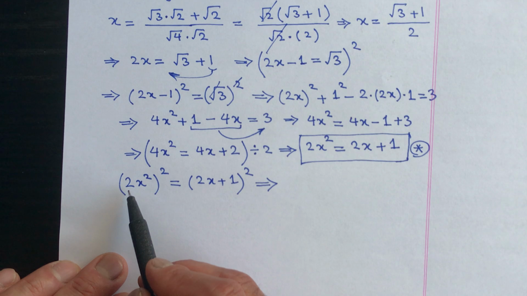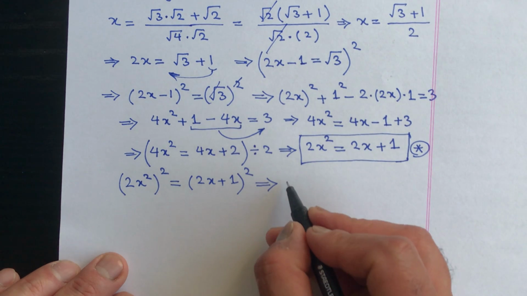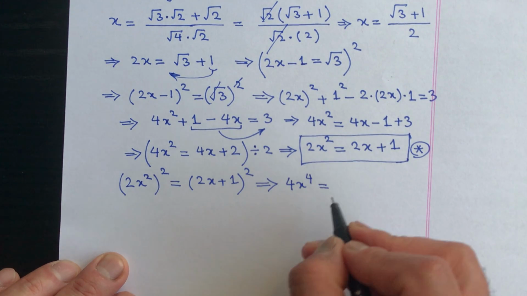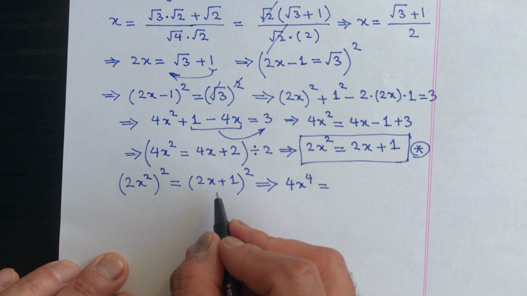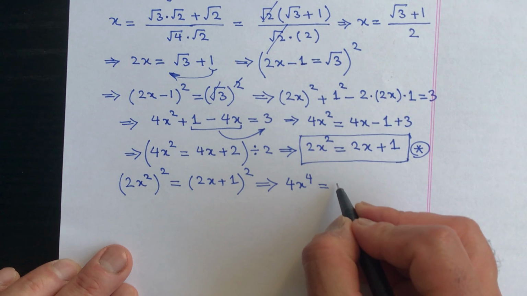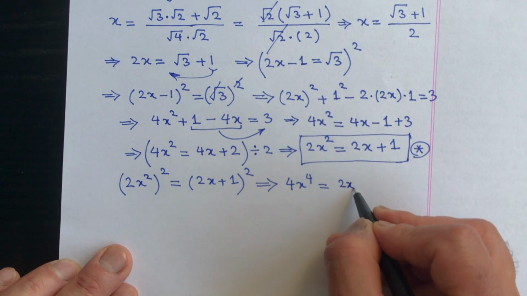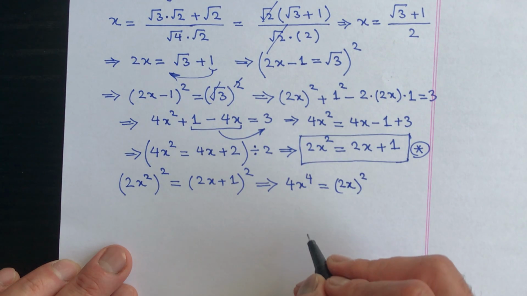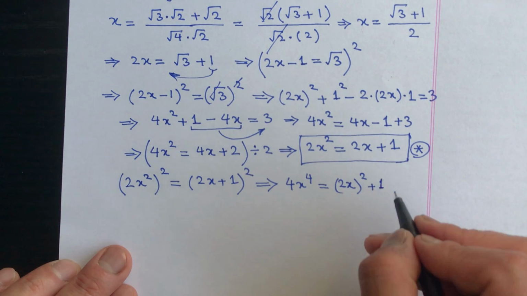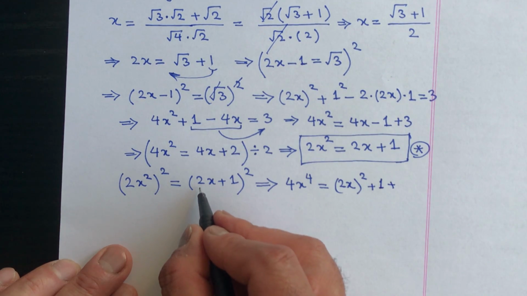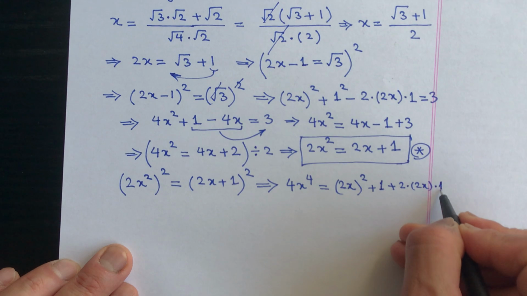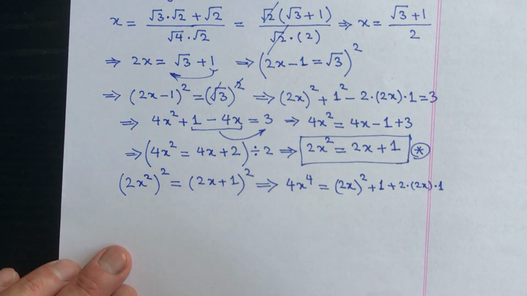For the left side, it equals 4x to the power of 4; on the right, 2x to the power of 2 plus 1 to the power of 2, which is just 1, plus 2 times 2x times 1.